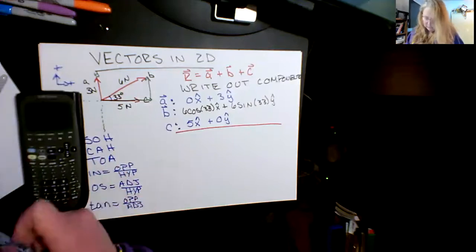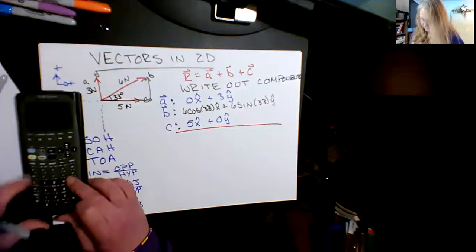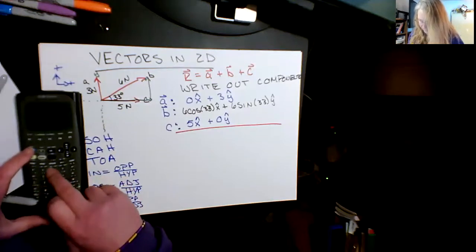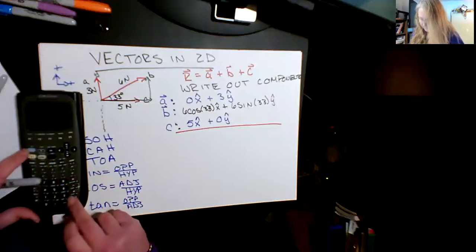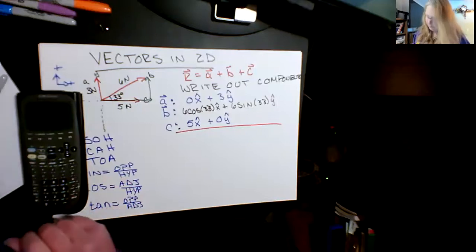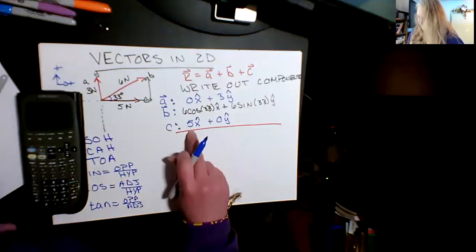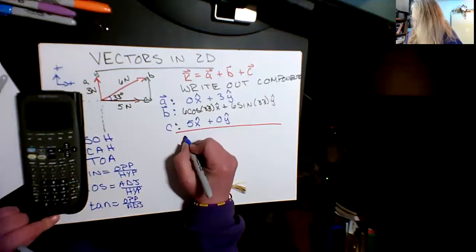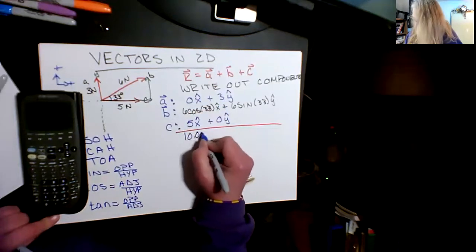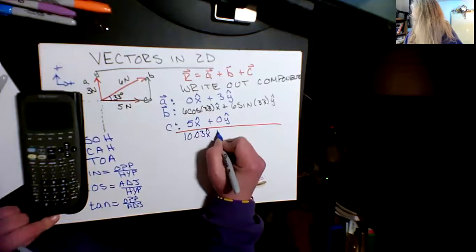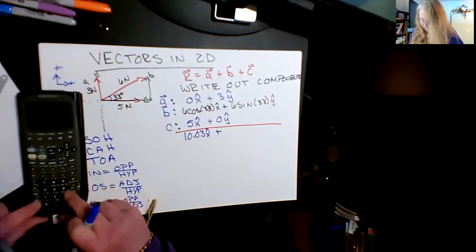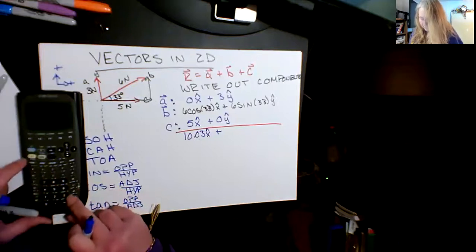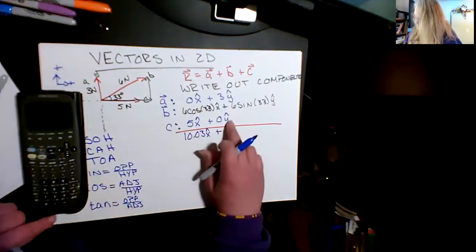Let's see, so this gives me 6 times cosine of 33. And then, so that's 5.03 plus 5. So in the x hat, I have 10.03, plus 6 times sine of 33, 3.26.